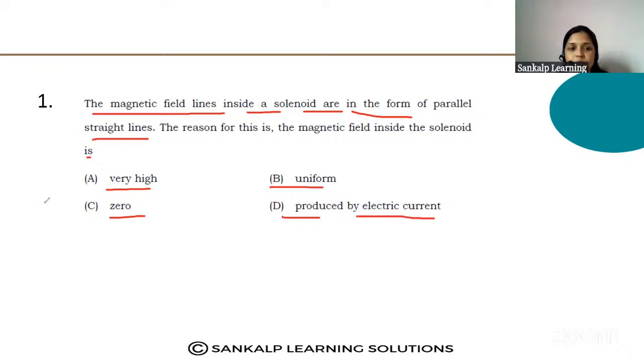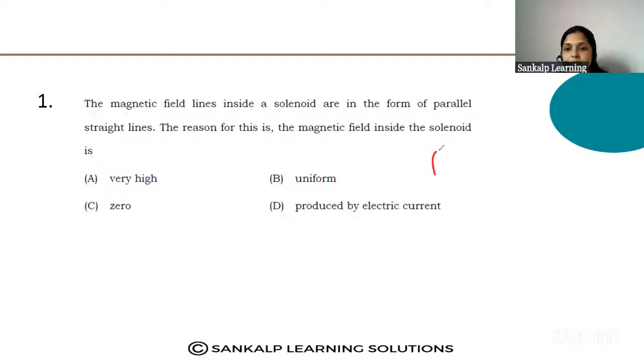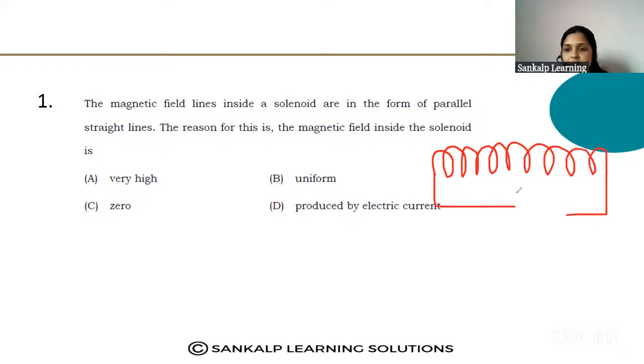What do you mean by solenoid? A solenoid is a current carrying conductor in the form of a coil like this, connected to the electric cell. It is called a solenoid, right?